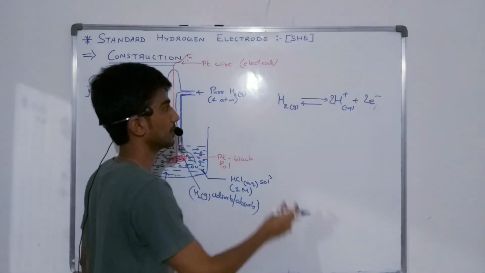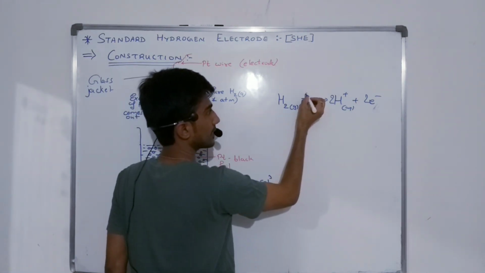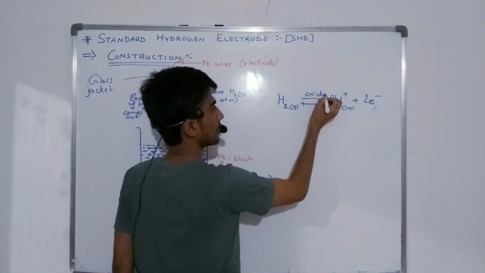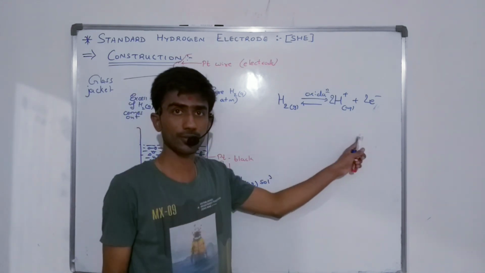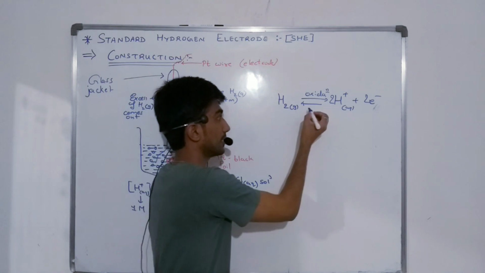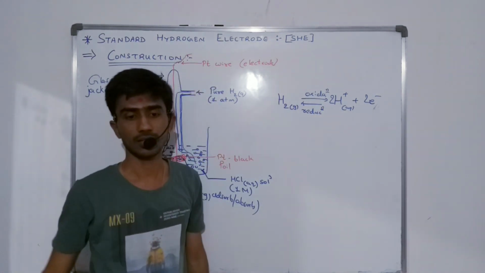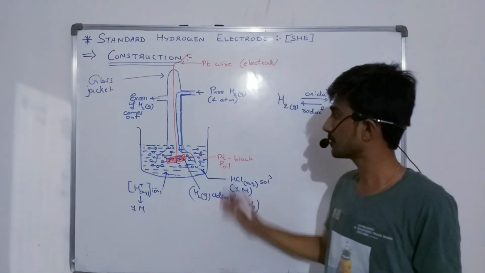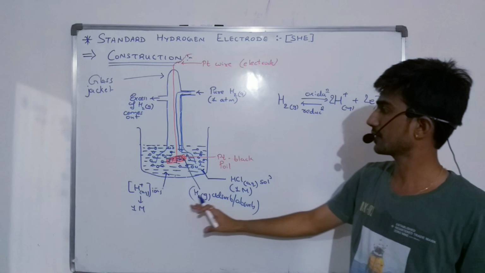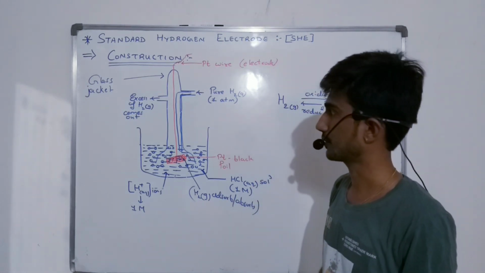That means as we are going from left to right, loss of electron, that is oxidation. From right to left, gaining of electron, it is reduction. Right? So this is the construction and working of the standard hydrogen electrode.